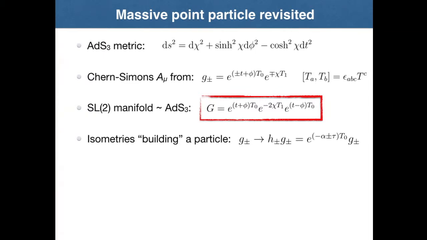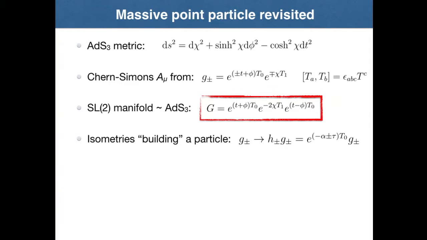As a result, the SL2 manifold, which is isomorphic, at least locally, to the AdS3 manifold, is parameterized in this way, where you can see as parameters the coordinates that also appear in the matrix, so t, phi, and chi. So chi plays the role of the radial coordinate, so it will be, to a large extent, completely irrelevant for what I'm going to do in the following, while all the important information will be stored in the behavior of t and phi, essentially.